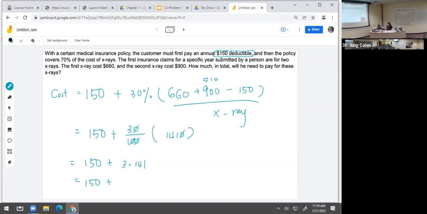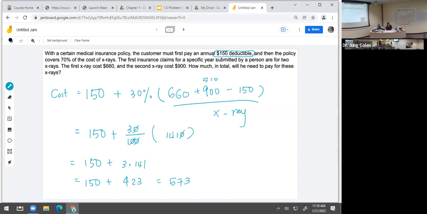And what's 3 times 141? 3 times 1 is 3, 3 times 4 is 12, 3 times 100 is 300, so it's 423. If you add them together, you get 573. So that will be the cost that you have to pay. Make sense?